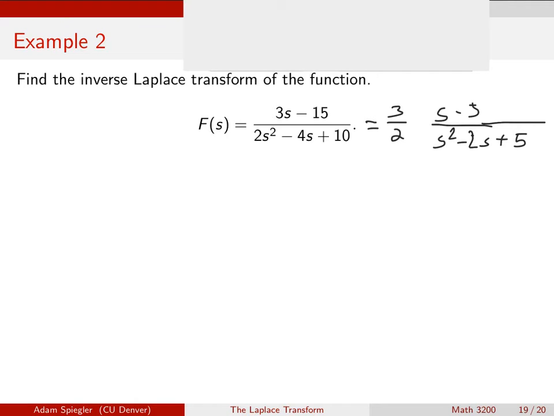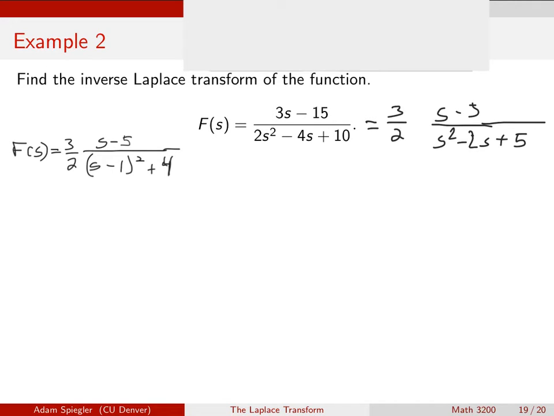So let's take this function F of s and just rewrite it now as 3/2 times s minus 5 up top, and then in the bottom we're going to have an s minus 1 quantity squared, and the only way that we're going to get the 5 is if we add an additional plus 4 over here.